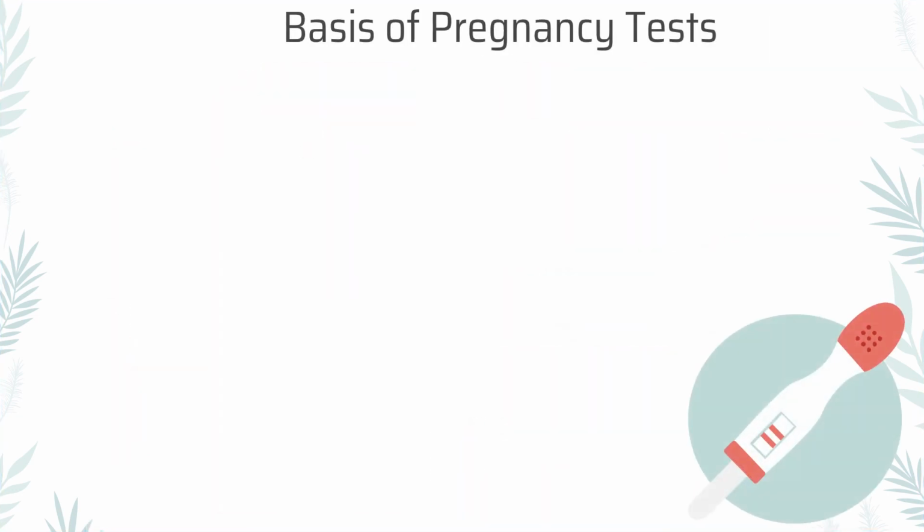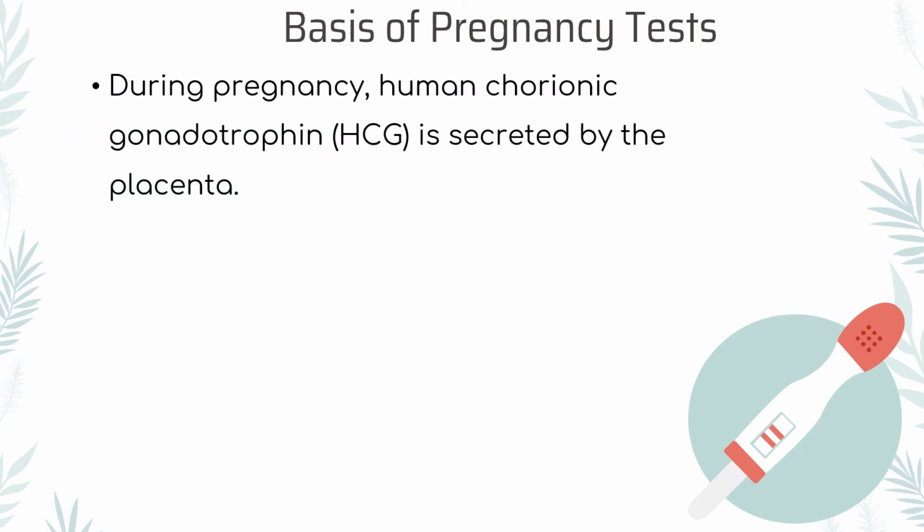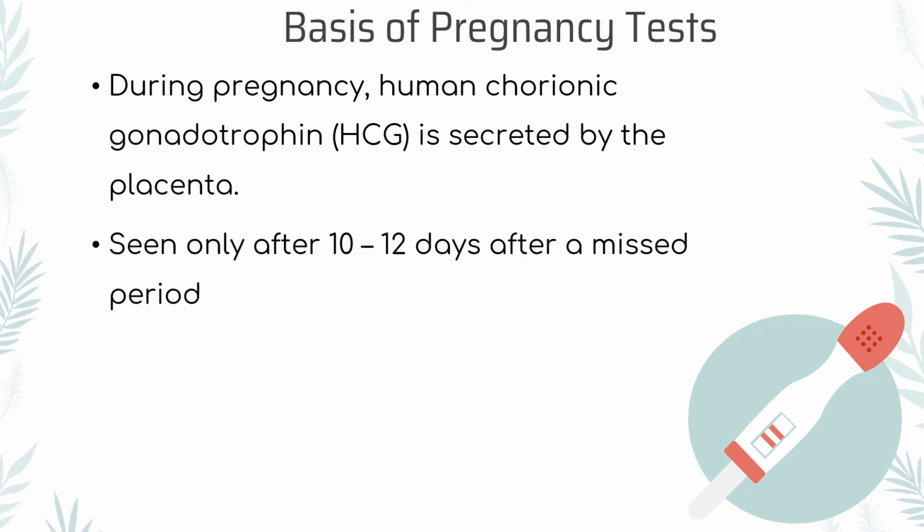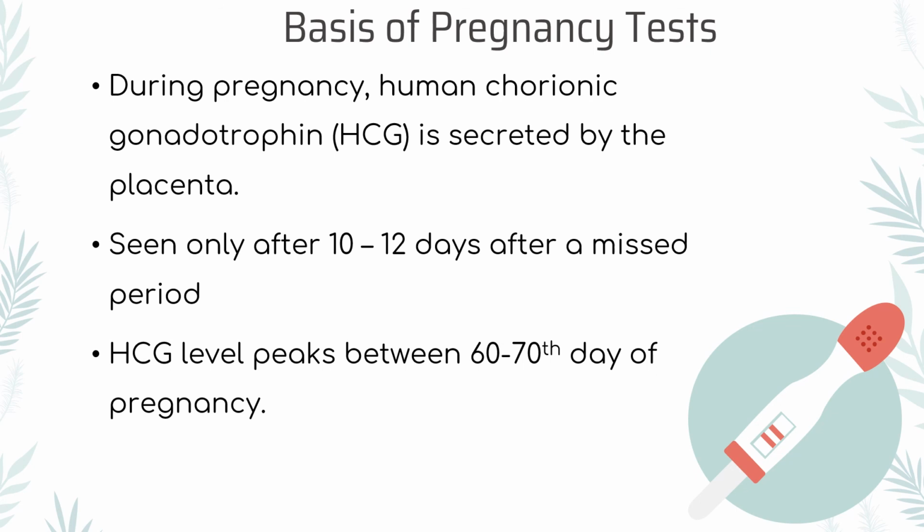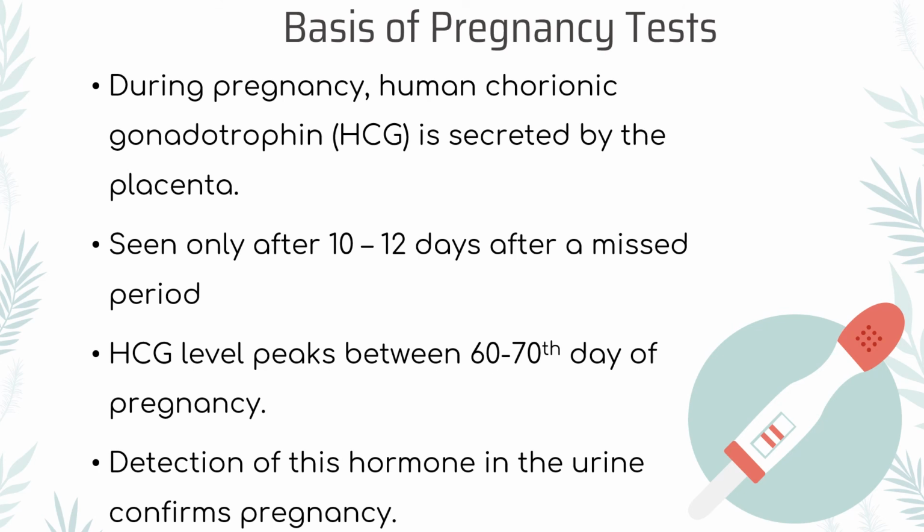Basis of pregnancy tests. During pregnancy, human chorionic gonadotropin hormone is secreted by the placenta, seen only 10 to 12 days after a missed period. The human chorionic gonadotropin hormone level peaks between the 60th to 70th day of pregnancy. So detection of this hormone confirms the pregnancy.